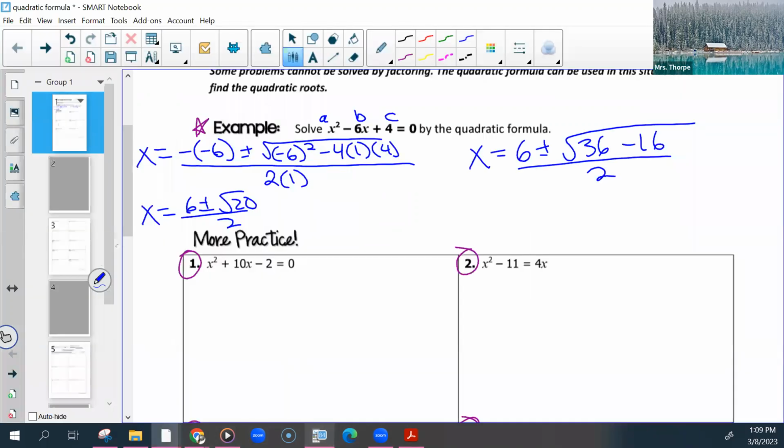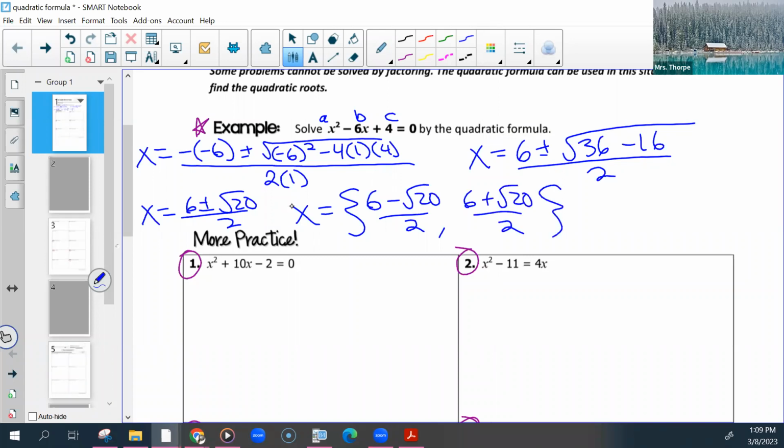Later, you'll do that. So you can just leave it as is. And you're gonna separate it and write it as two separate things. In your set notation, you're gonna do the minus version and the plus version. And that's my answer.